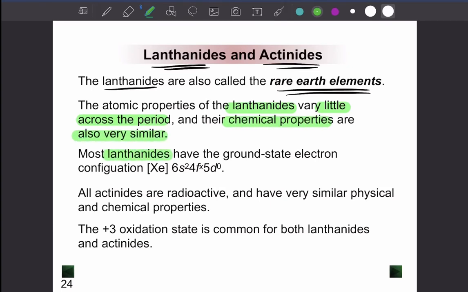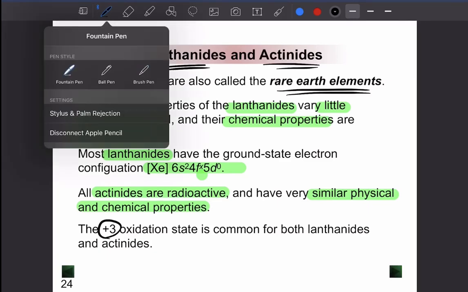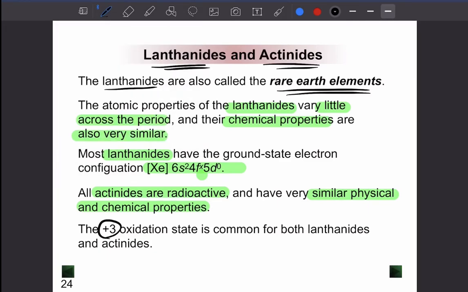Most lanthanides have the ground state configuration of xenon 6s2 4fx 5d0. All actinides are radioactive and have very similar physical and chemical properties. For both lanthanides and actinides, the common oxidation state is +3.